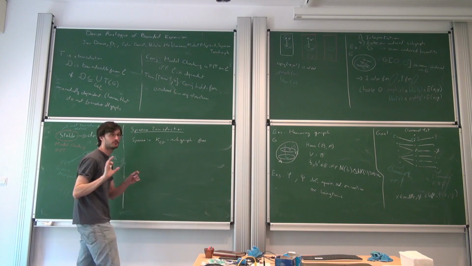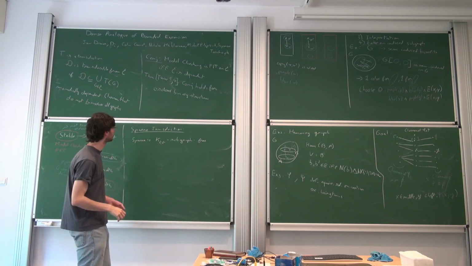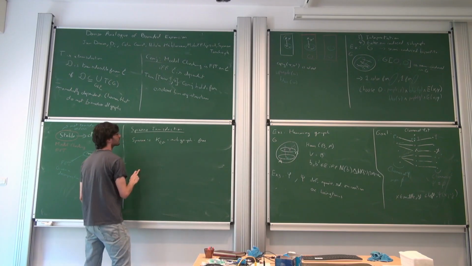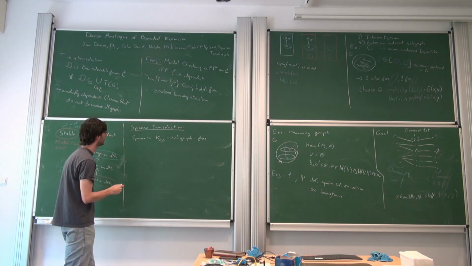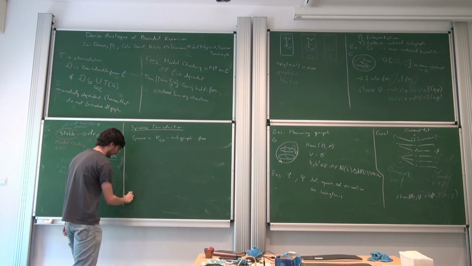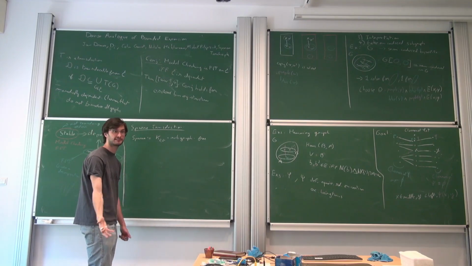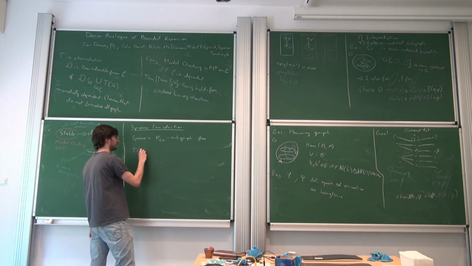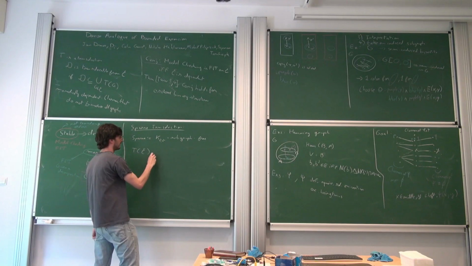So you cannot have a complete bipartite graph for some t. So a sparse transduction takes any class, but returns a sparse class. So T of C has to be sparse.